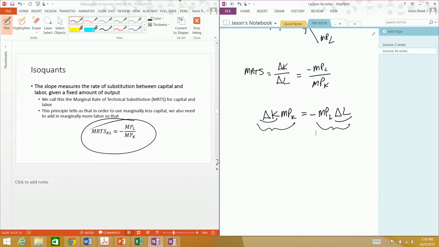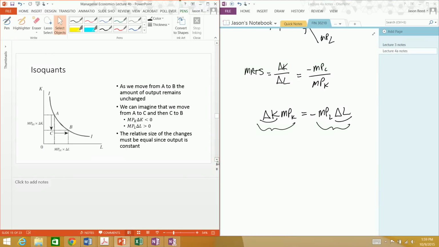When we look at this isoquant, in order to move from A to B, we first have to move from A to C, and then we move from C to B. So we're reducing the amount of capital by how productive it was times the change, and we have to add in this proportionate change in labor.